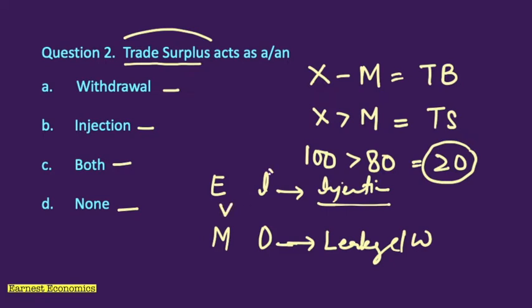So inflows are more than outflows, injections are more than leakages. So what will be the net impact? Obviously the net impact will be that trade surplus, these $20, will serve as injections for an economy. So the right answer in this case is B option, that is injection.